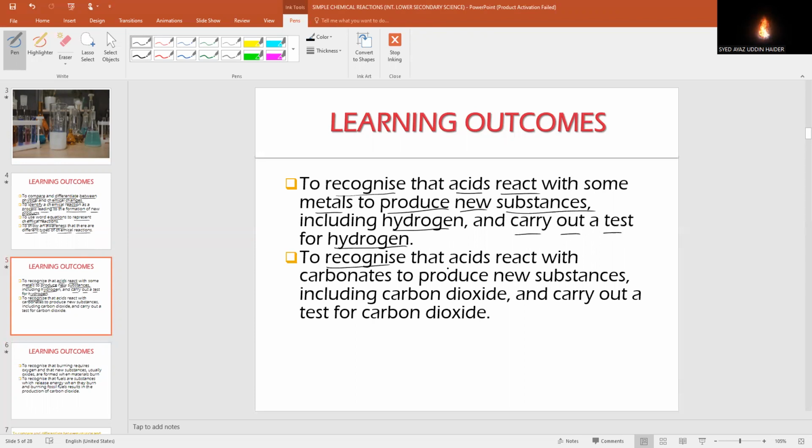To recognize that acids react with carbonates to produce new substances, including carbon dioxide, and carry out a test for carbon dioxide.